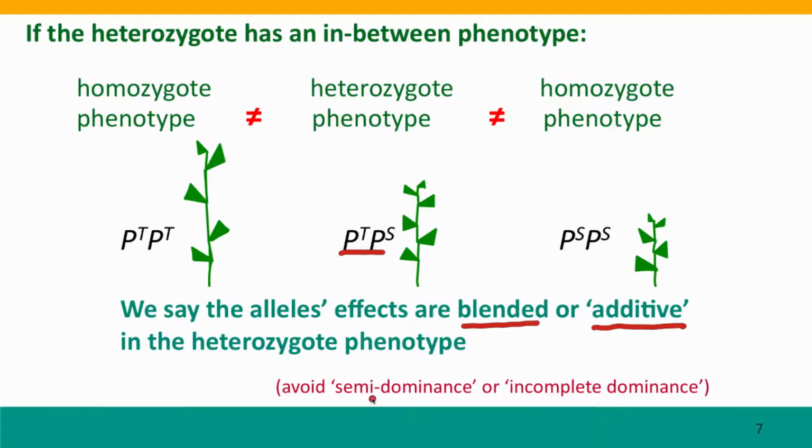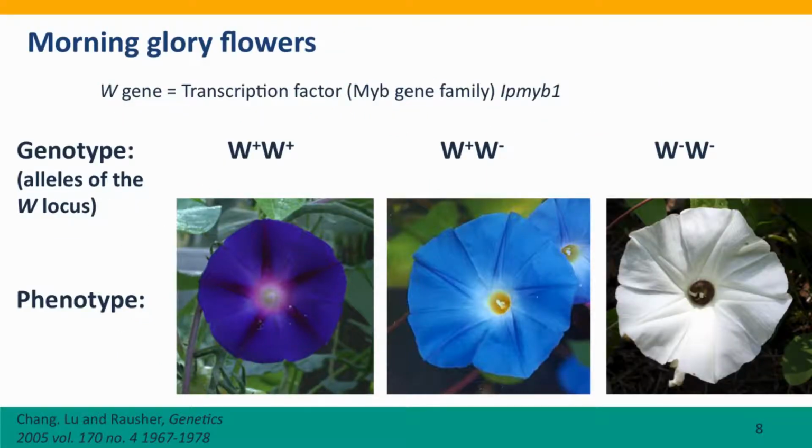Traditional geneticists have used the term semi-dominance or incomplete dominance. I recommend staying right away from those terms because they make you think that it's a kind of dominance, and it isn't at all. It's just a different kind of interaction. Here's an example.